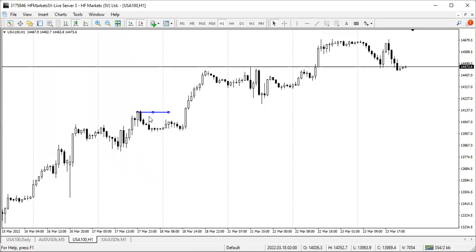I'm looking at the range of price between these lines. So if I put highest high and lowest low like that, this is giving me the daily range. If I want to break down the daily range for this particular day, then I can just go to a lower time frame.